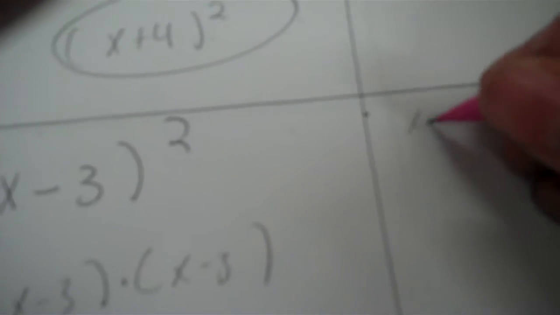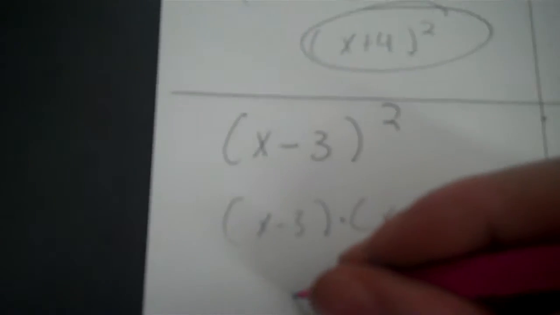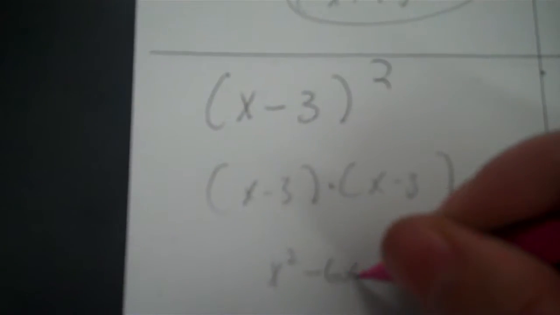Okay, I want to repeat that same thing here. (x - 3) times (x - 3). So x times x, negative 3 times x, negative 3 times negative 3. x squared, negative 3x, and 9. That makes negative 6x. Just put minus 6x plus 9.